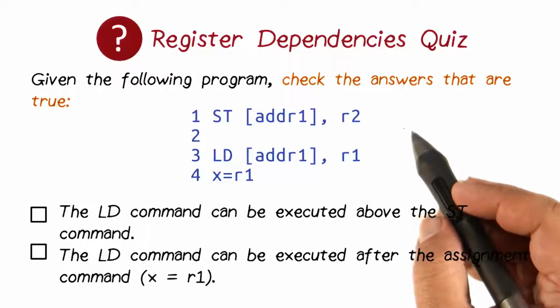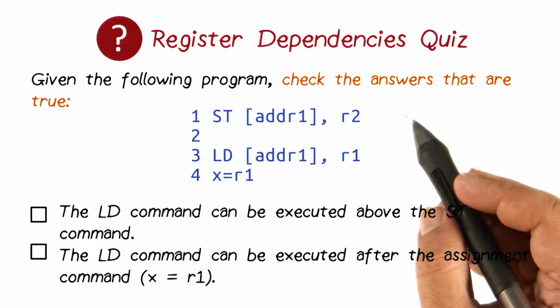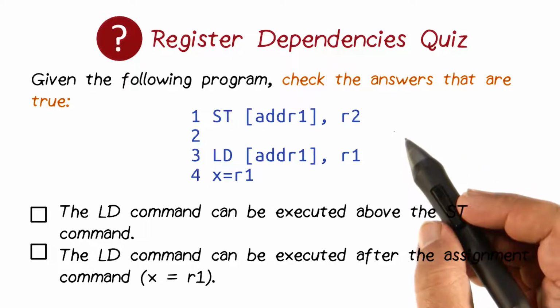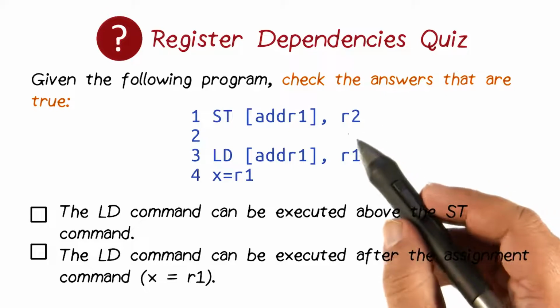Now, having seen the motion graph and the overlapping ranges and so on, these basic concepts of moving the loads and stores around so that they can be co-located, let us test our knowledge of this through a simple quiz. So here we have a simple program fragment, and the question is, given the following program, check the answers that are true.